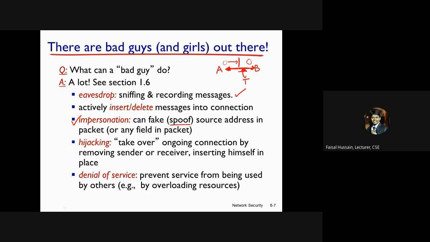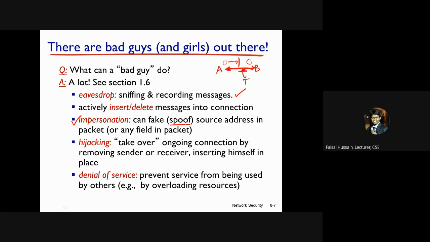But instead of sending my own IP address, because the IP address is written by the network layer, I can change my network layer rule and make my IP address that of someone else, or the IP address of my boss.